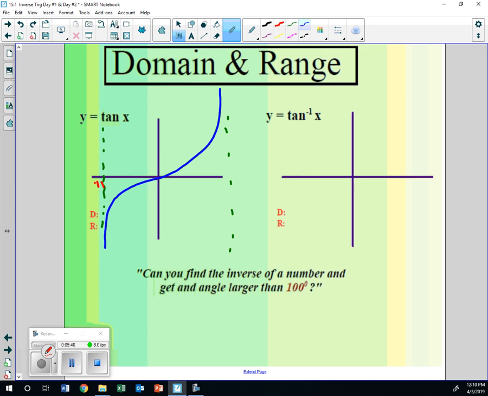This started out from pi over 2, negative pi over 2 to pi over 2. So this domain is negative pi over 2 to pi over 2. And the range is going to be interesting. You can go down from negative infinity up to infinity. So we call that all the real numbers.